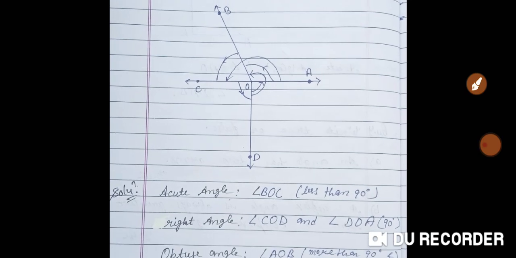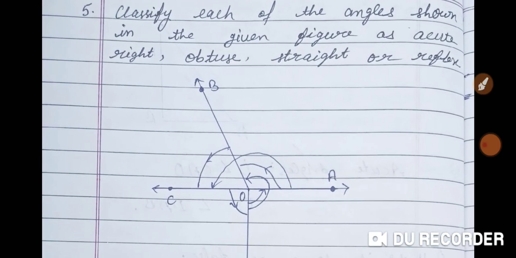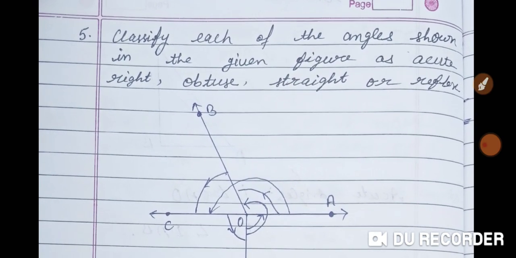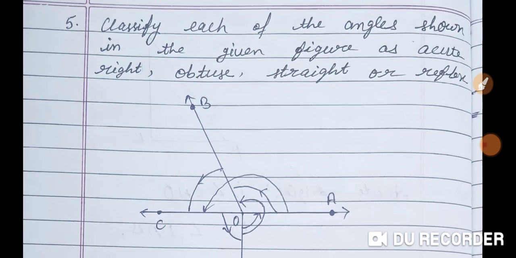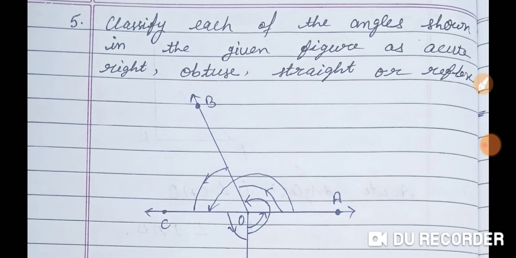Now question number 5. Please see the picture, my dear, to solve question number 5. Classify each of the angles shown in the given figure as acute angle, right angle, obtuse angle, straight or reflex angle. Okay, so for the different kinds of angles, once again I am going to revise it.